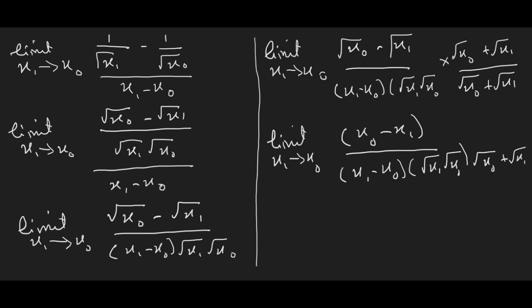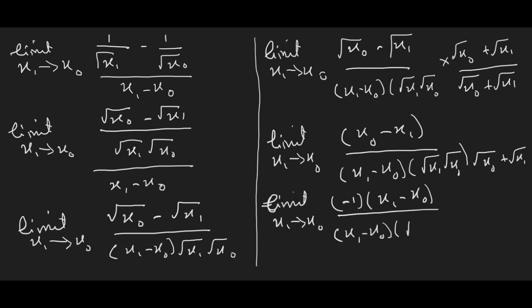Now taking minus 1 common from the numerator, limit x1 approaches to x0, so minus 1, and rearranging, x1 minus x0 whole divided by x1 minus x0, under root x1 under root x0 and under root x0 plus under root x1, which has been rationalized.